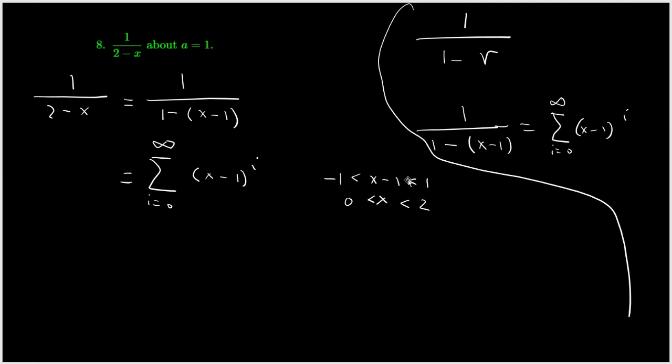You add 1 to all three terms, because you want to make the middle x. -1 plus 1 is 0, and 1 plus 1 is 2. So the interval of convergence is the open interval from 0 to 2.